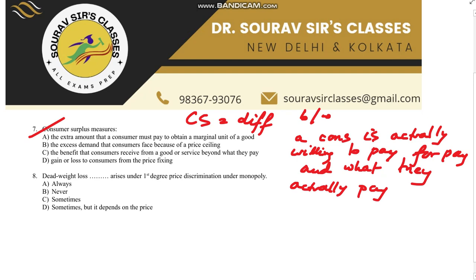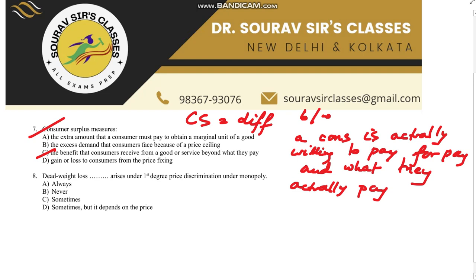So in simple terms, it's basically the extra benefit or the net gain consumers receive when they get a good for less than the maximum amount that they were willing to pay. So here we can say the benefit that consumers receive from a good or service beyond what they pay is consumer surplus.